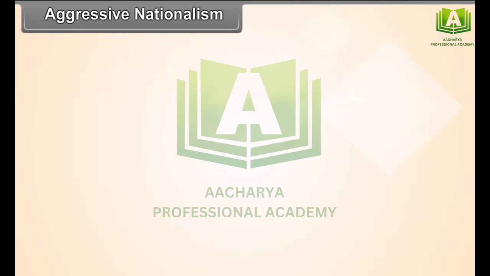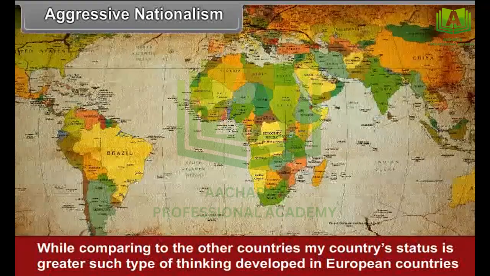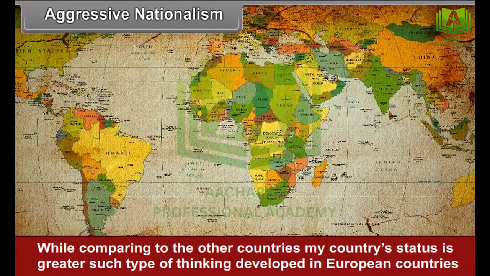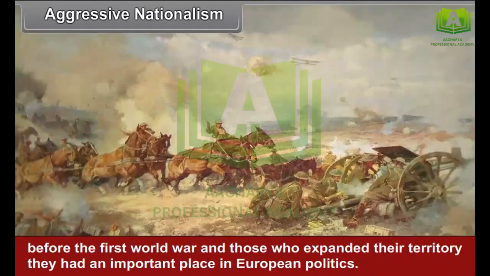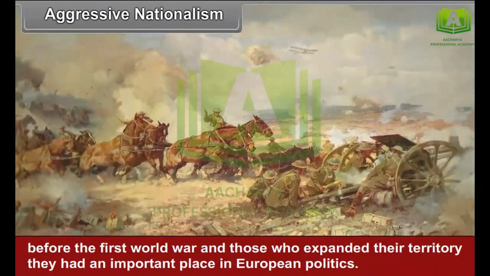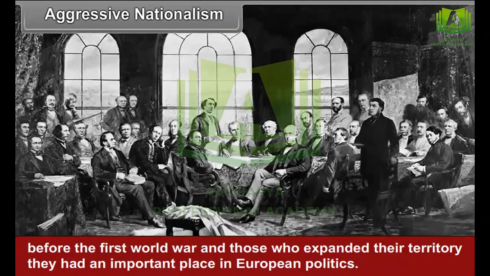Aggressive nationalism. While comparing to other countries, my country's status is greater. Such thinking developed in European countries before the First World War, and those who expanded their territory had an important place in European politics.